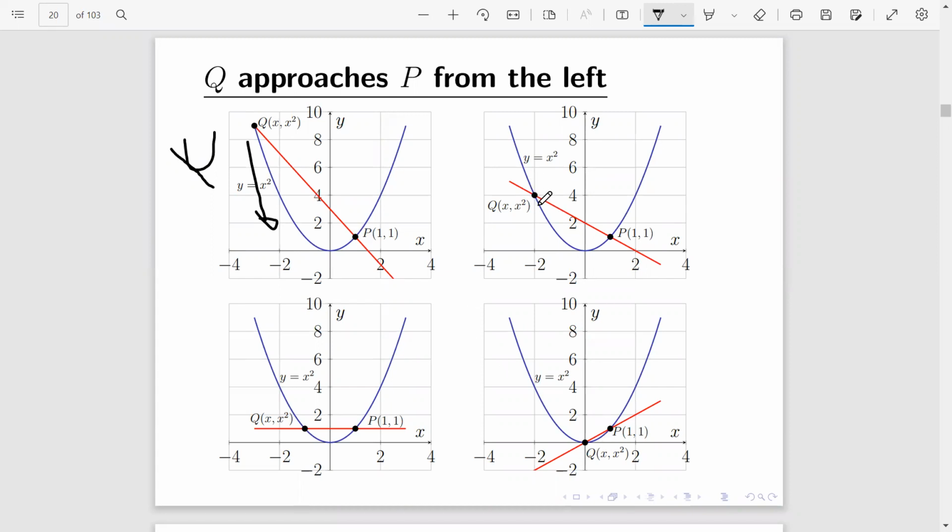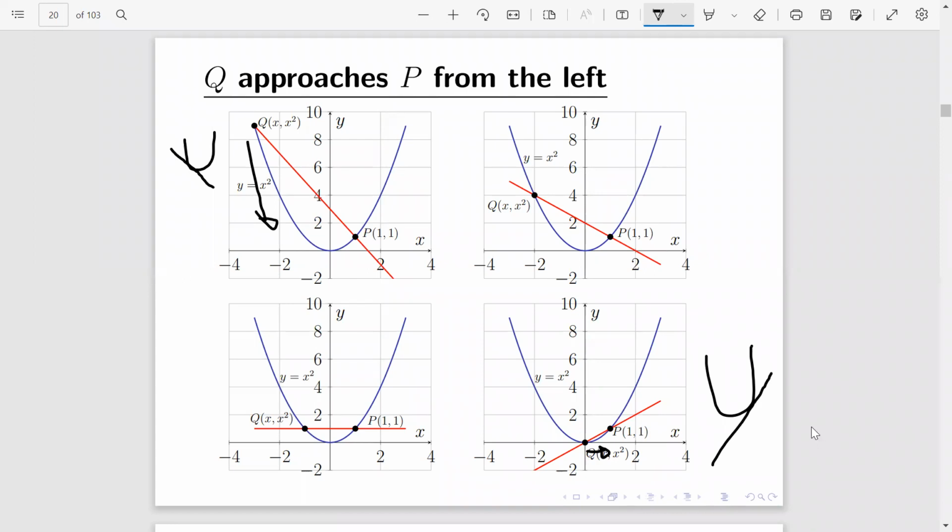We move the point Q, it's still a secant, so we move it closer. Basically we're moving this x so that it's closer to 1. Now it's still a secant because it intersects the function more than once, so we still need to move this point further so that we have a tangent that touches the graph only once, because that is what we're looking for.